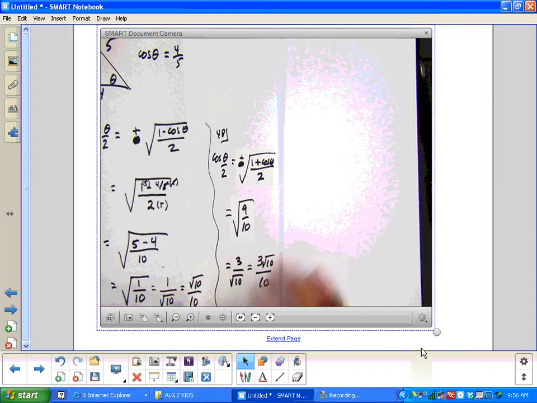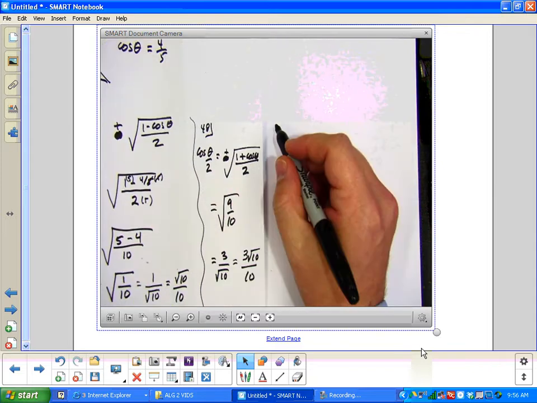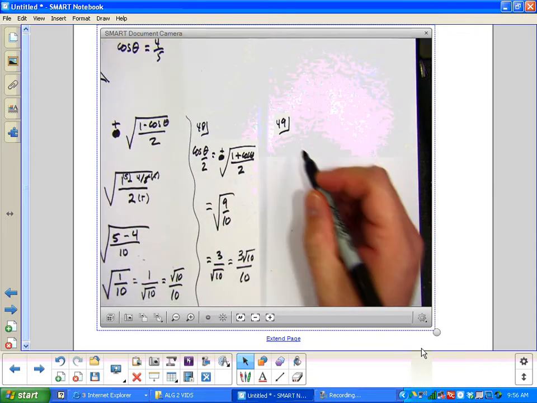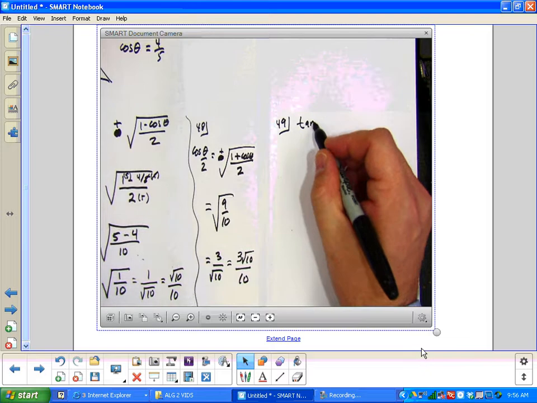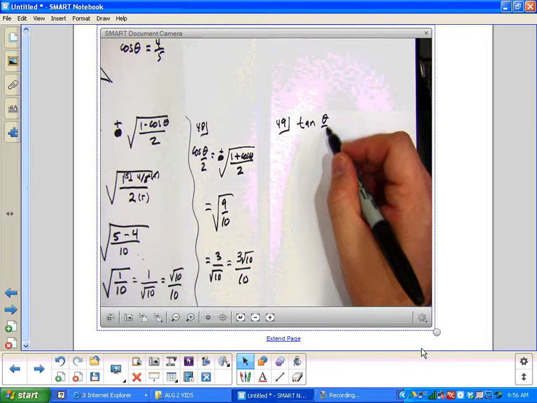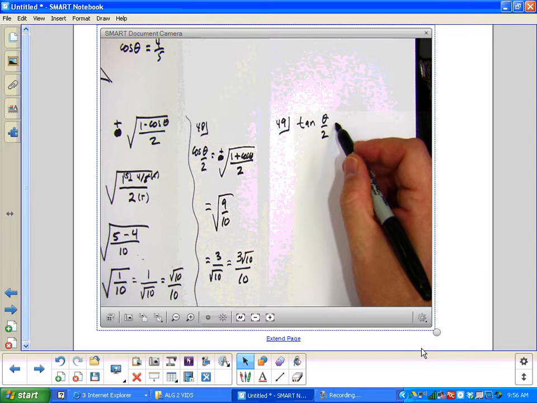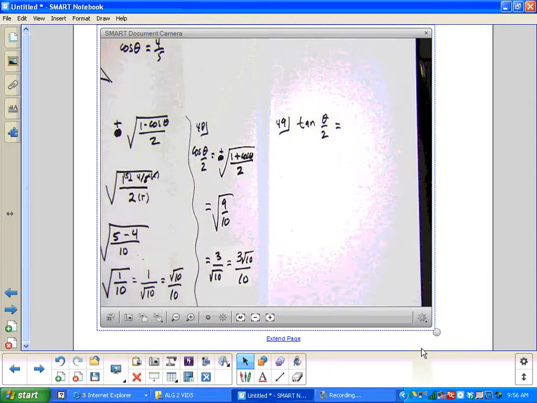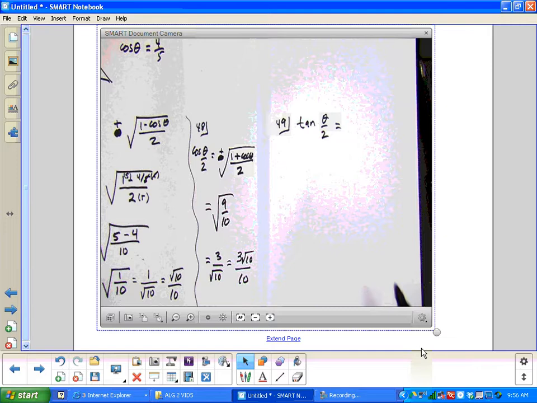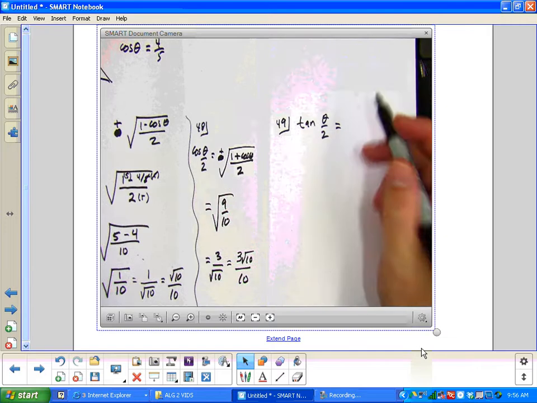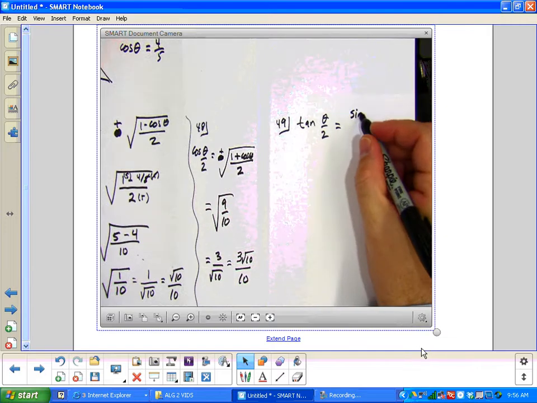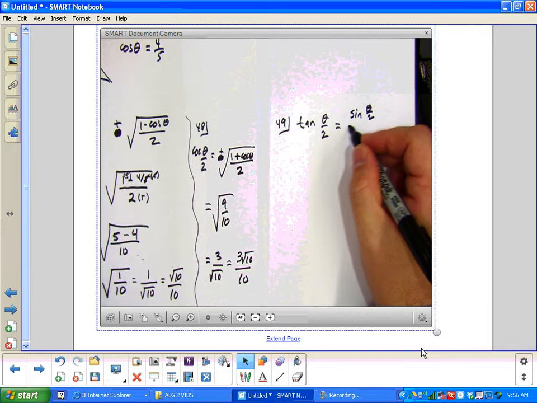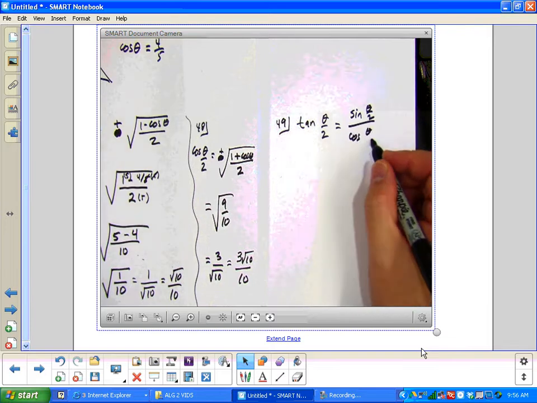Okay? So on number 49, this one says the tangent of theta over 2. Instead of using that tangent formula, for my triangle problems, I'm going to use my shortcut. My other problems, I'm going to use the actual tangent formulas. But tangent of theta over 2 would just be the sine of theta over 2 over the cosine of theta over 2.